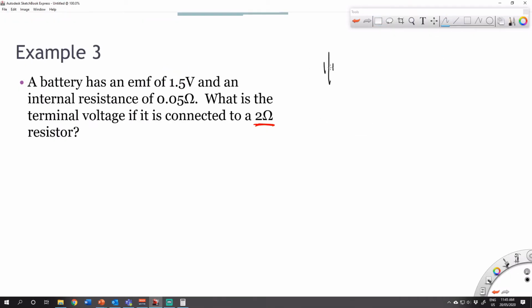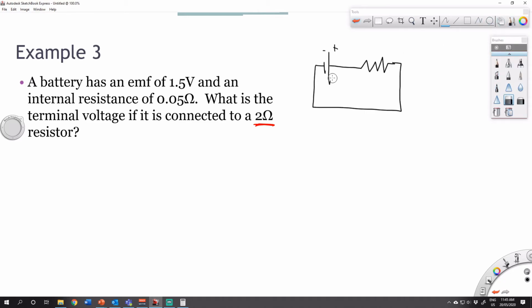There's my battery, and we are connecting it to a 2 ohm resistor, although I'm going to add the battery's internal resistance as a smaller resistor like that. So there's our small resistance, here's our large resistance.